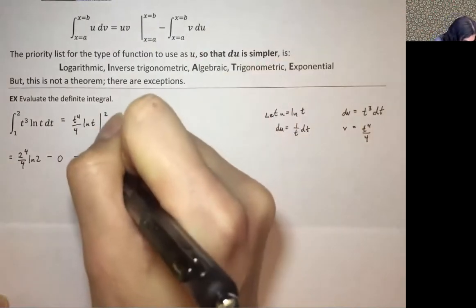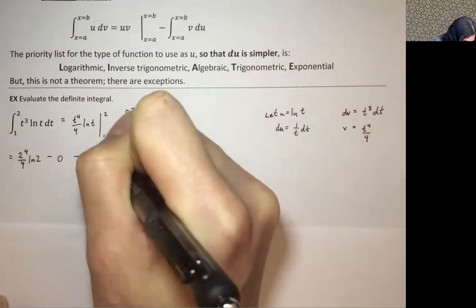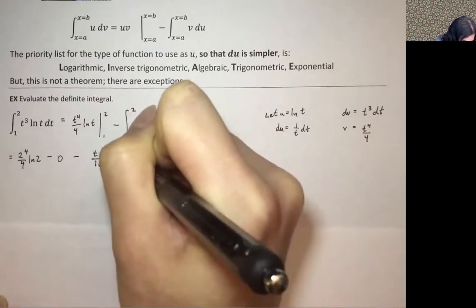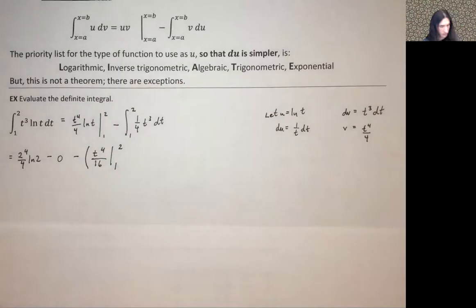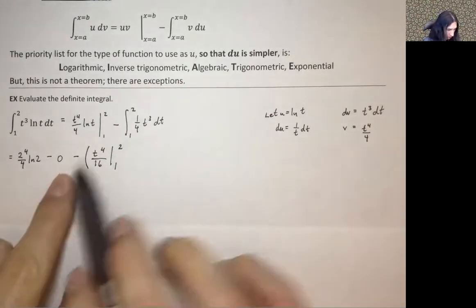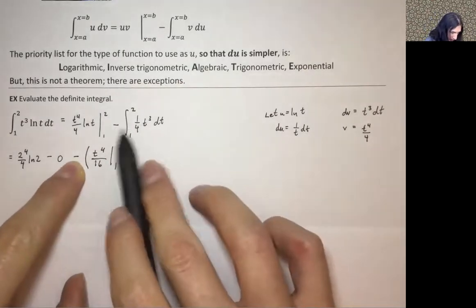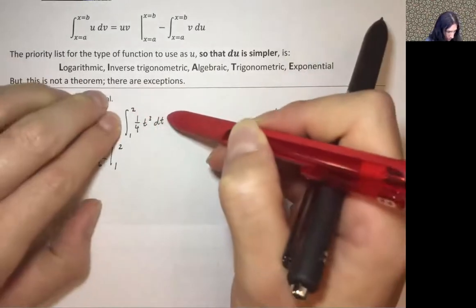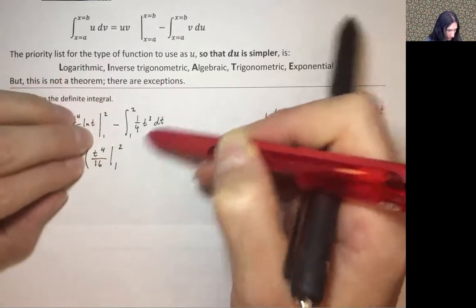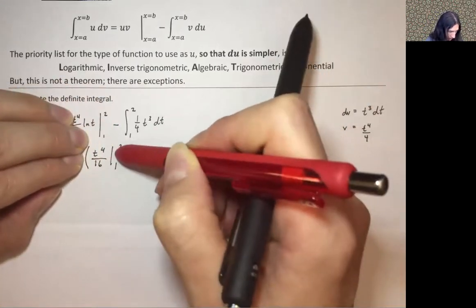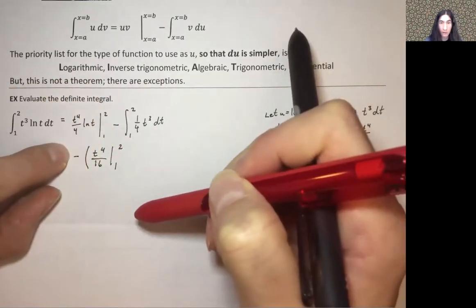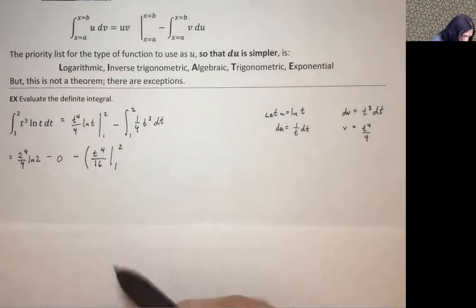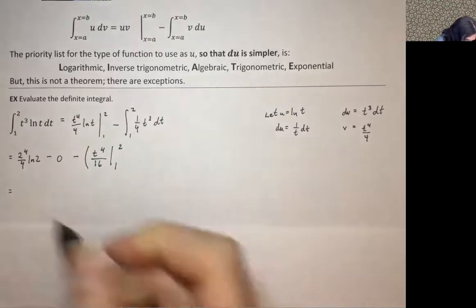So we'll have t to the 4th over 16, and that's going to need to be evaluated between 1 and 2. Notice how my minus sign stayed outside the parentheses because this whole integral right here is what got evaluated as this. So after I evaluate this, I will need to multiply it by a negative sign. Okay, so let's go ahead and do that evaluation.